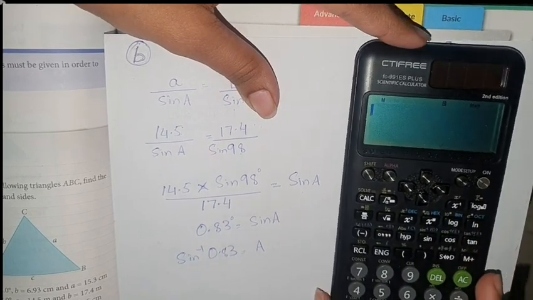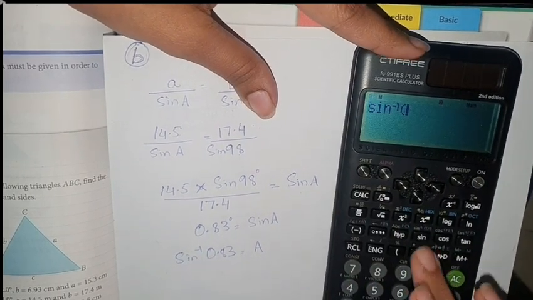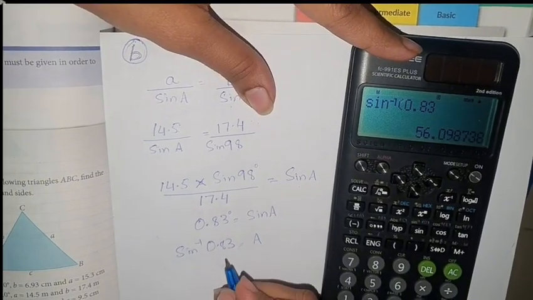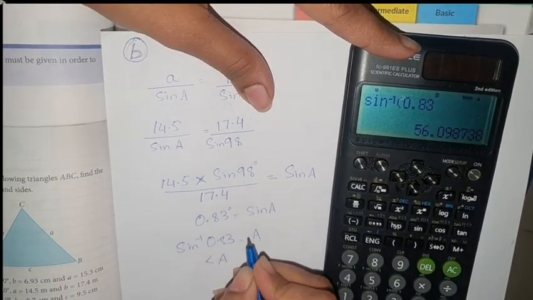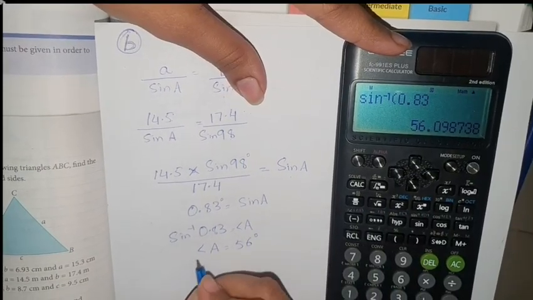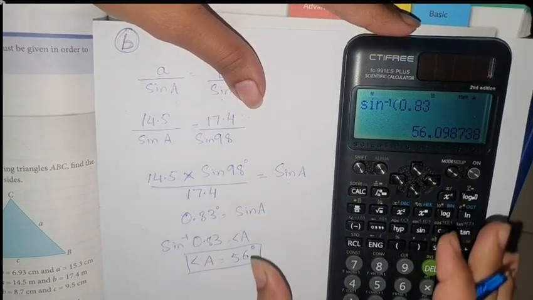Now again use the calculator, press shift, sine, 0.83, so this is equal to 56 degrees. Angle A is equal to 56 degrees or 56.09. I am writing 56 because the rounded value is 56.